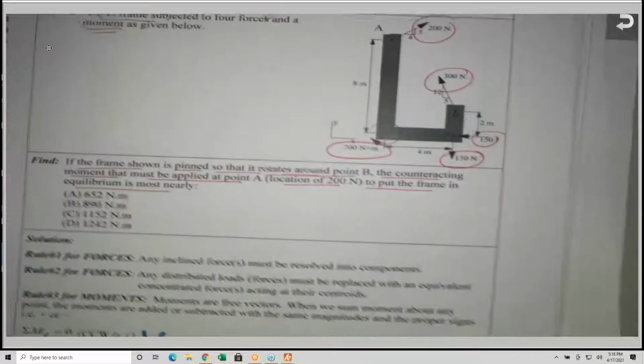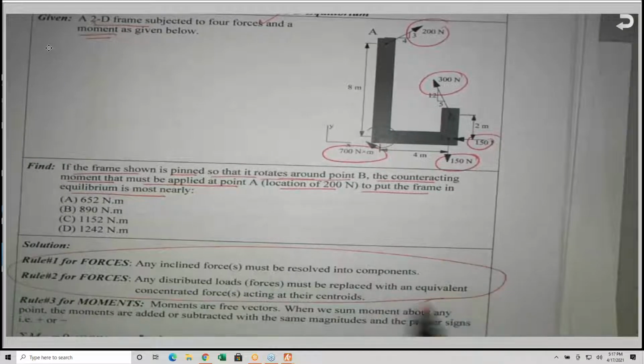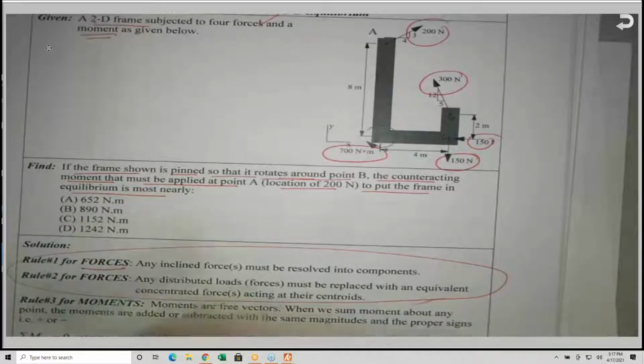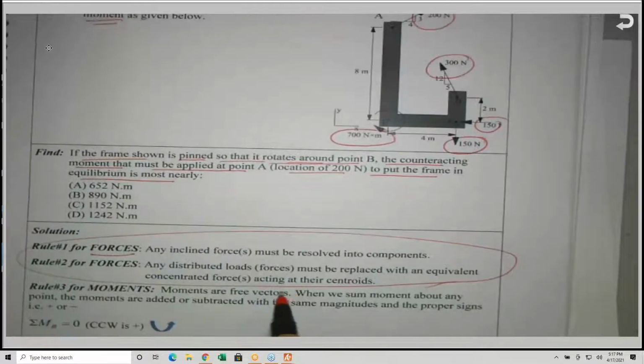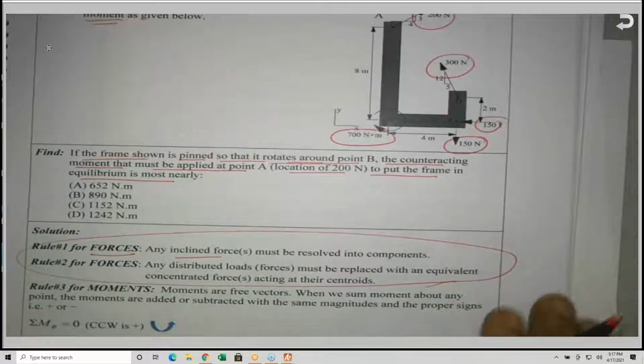Again, this is the moment equation, and I am reminding you again about solving the forces. If you have any force that should be resolved into components, do that. Like this one here.